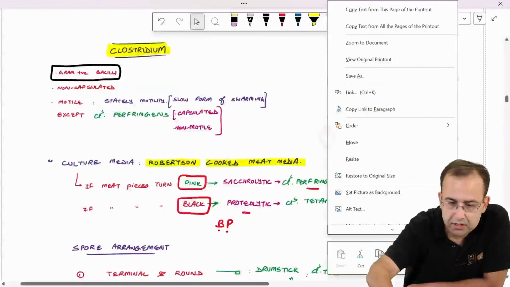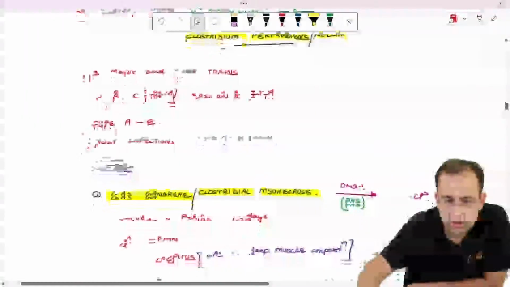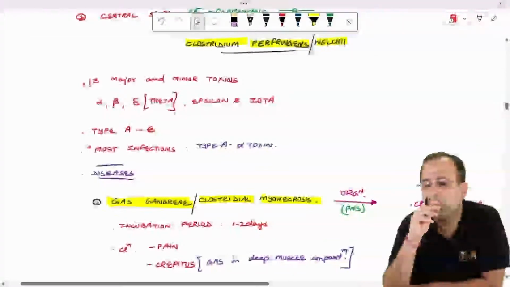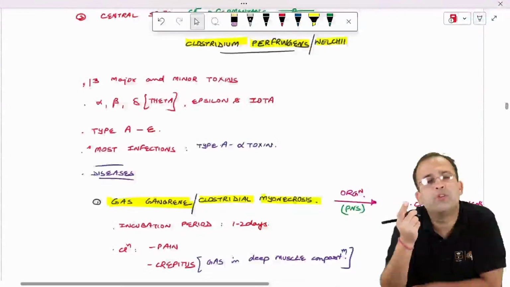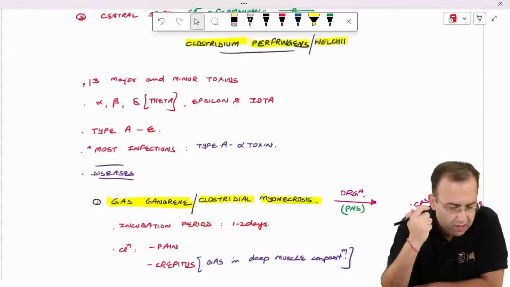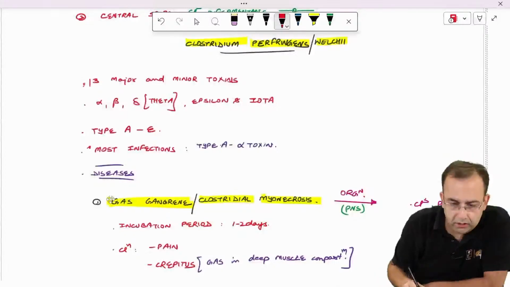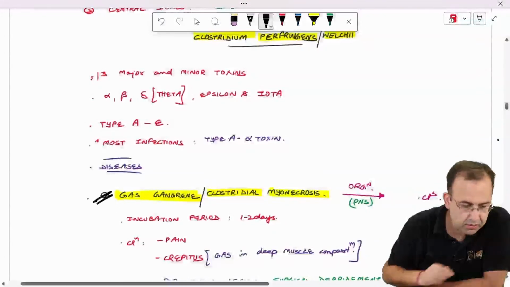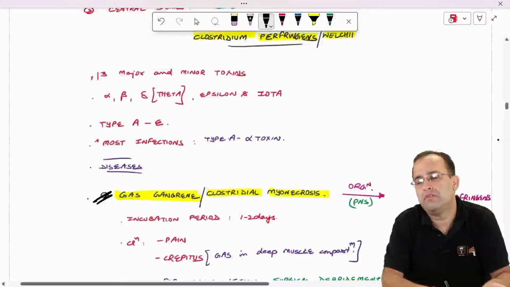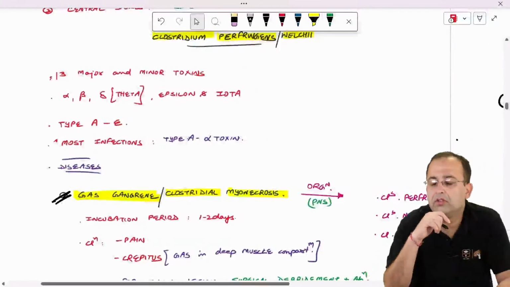Clostridium species, of course, are sporogenous in nature. Clostridium perfringens or Welchi, Clostridium botulinum and tetani, they are sporogenous. Starting with Clostridium perfringens, it is associated with gas gangrene, that is myonecrosis.